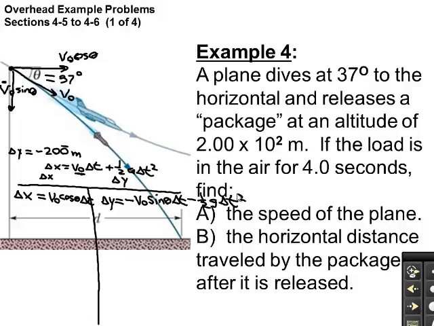So can I solve that equation for v naught? In two shakes of a lamb's tail, right? So this is going to be delta y plus 1/2 g delta t squared, divided by negative sine of theta times delta t.